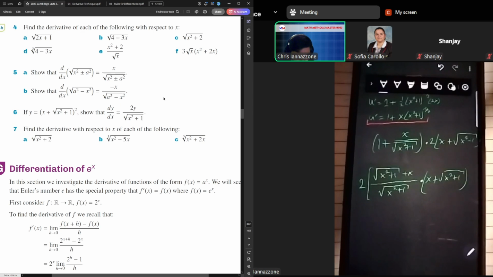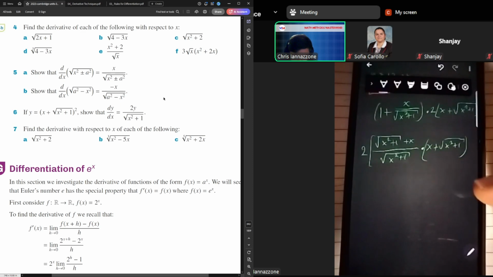And what else could we do to start simplifying this? These are the same thing. So x and x squared plus 1 square rooted is the same thing here. I've just written the terms in a different order. x plus square root x squared plus 1, x plus square root of x squared plus 1. So when you multiply two things that are the same, that's the same thing as having the whole thing squared.